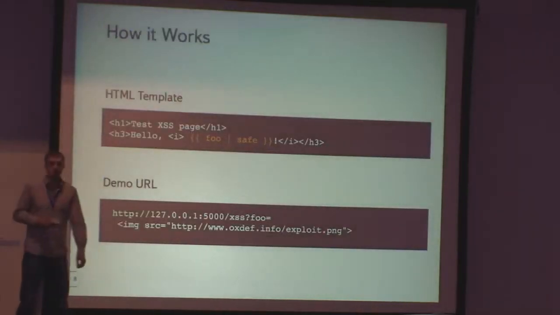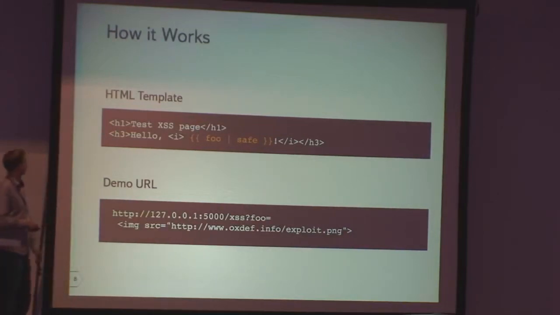Okay, let's figure out how it works. Let's take a look at some simple example. Here you have an HTML template with some output variable. This filter called safe means that the value of this variable will be outputted without any sanitization and so on. So a malicious user or attacker can exploit it, but it's not really an evil exploit, but simply inserting, for example, an image.